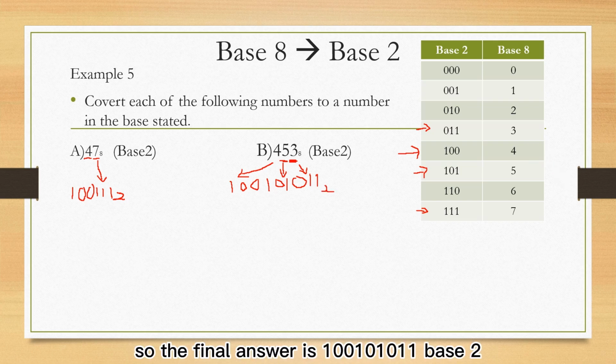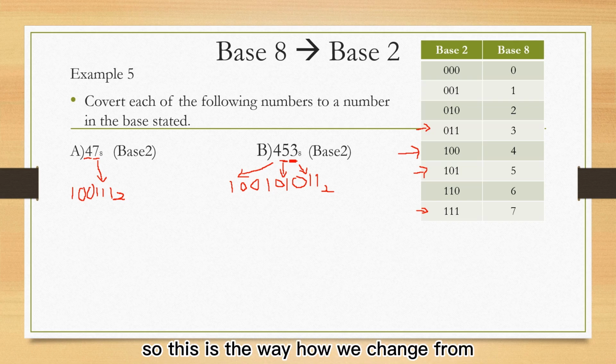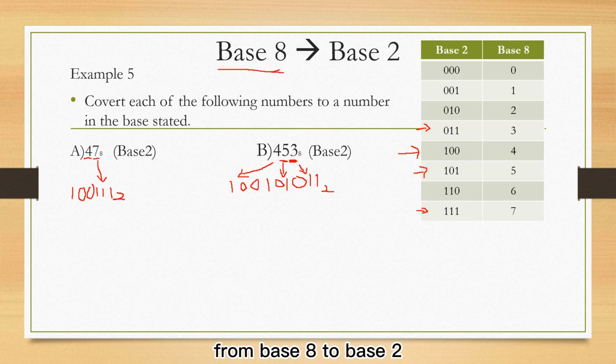So the final answer is 1, 0, 0, 1, 0, 1, 0, 1, 1 base 2. So this is how we change from base 2 to base 8, or reverse it, from base 8 to base 2.